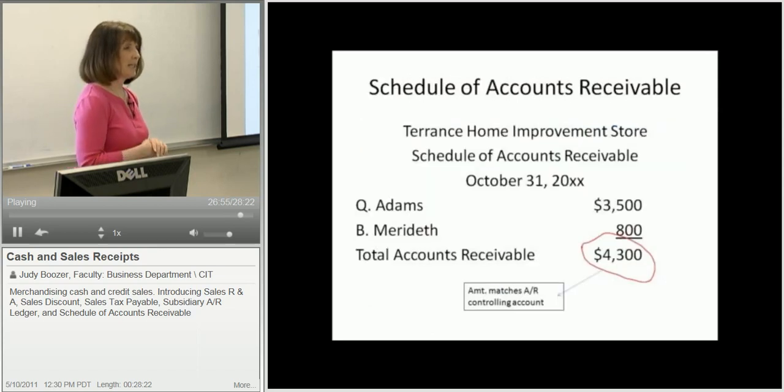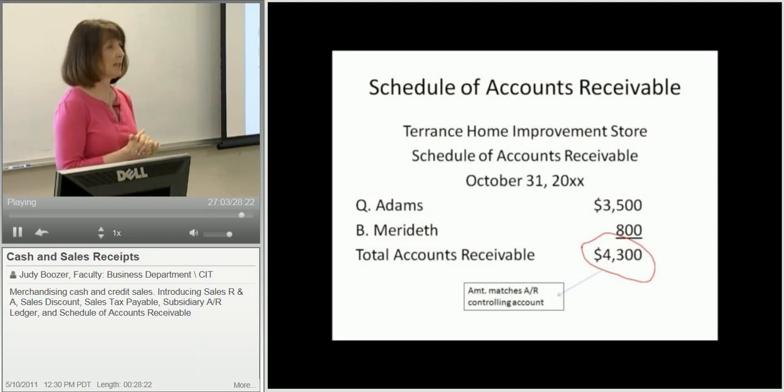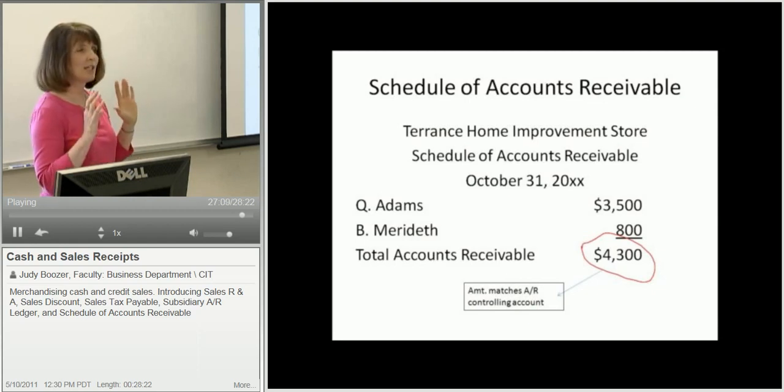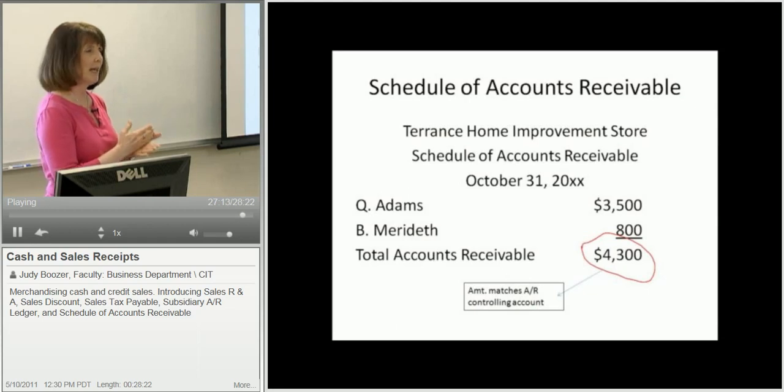Now, one of the last things you can do to check the accuracy of your subsidiary ledger and your general ledger controlling account is to create something called a schedule of accounts receivable. And here's an example of one. It's literally just the company name, what it is, schedule of accounts receivable, and a date.